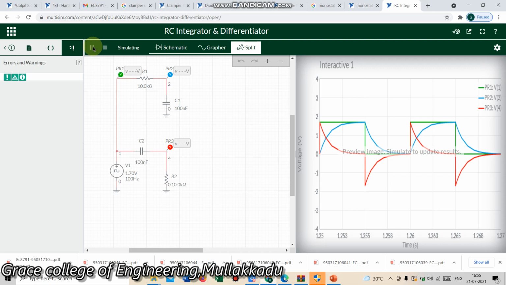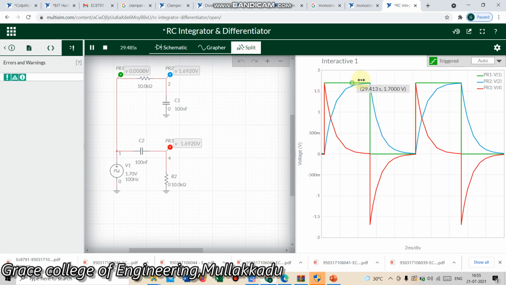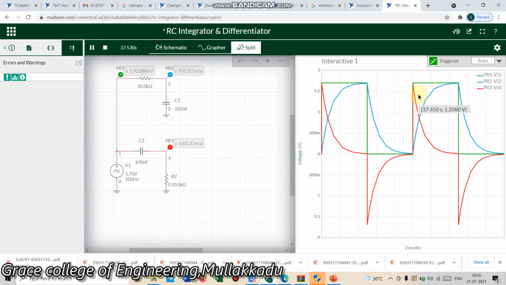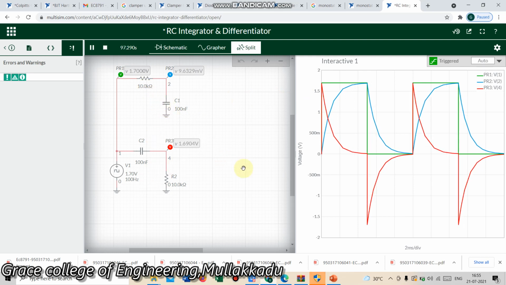We can see the same output while we simulate. This green color is the square wave input, this blue color is the integrator output, and this red color spike is the differentiator output. The rising as well as falling edge varies when we change the value of R and C. Okay, thank you.